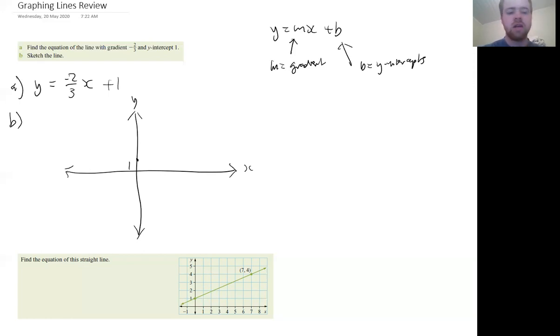Okay, 1 is where it passes through, and it's going to have a negative gradient, meaning it's going to go down from left to right. It's going to go down, and it's going to be at -2/3, so it's slightly less than a straight, even diagonal. It's going to be slightly less steep, something like this.